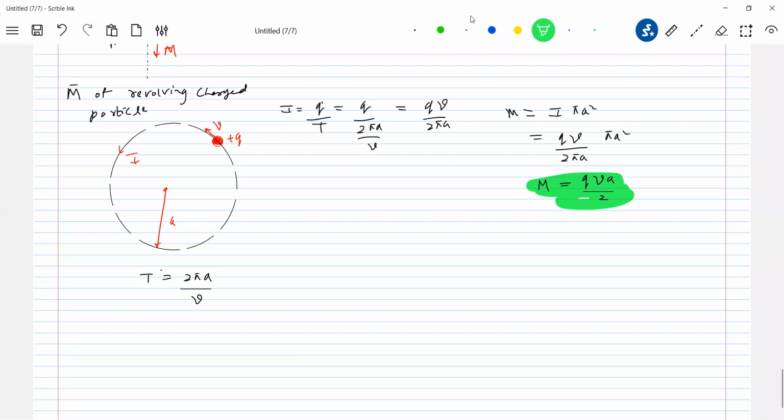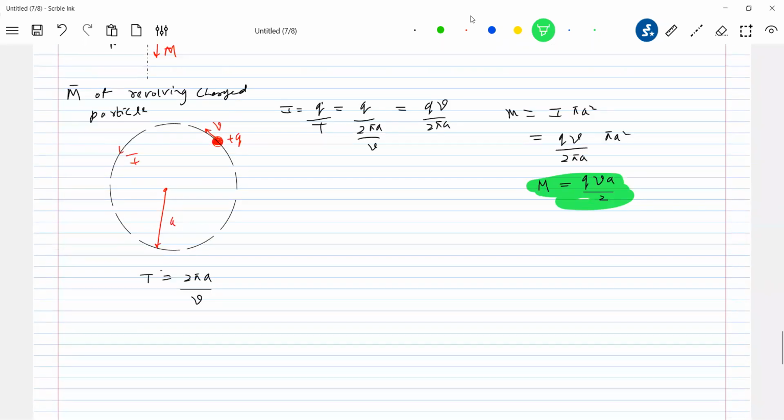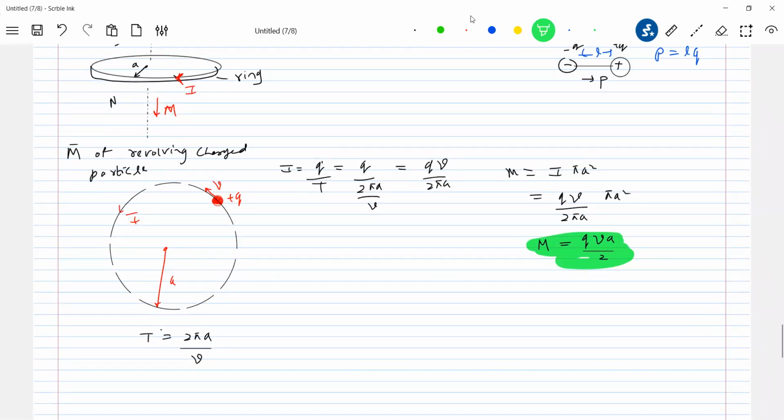Next, again, the application: a current carrying loop will experience a torque or a force, which we are going to use in the construction of several analog meters. That is the background. Now, instead of a positive charge, if it is a negative charged particle, just show the current in the opposite direction. That's all.